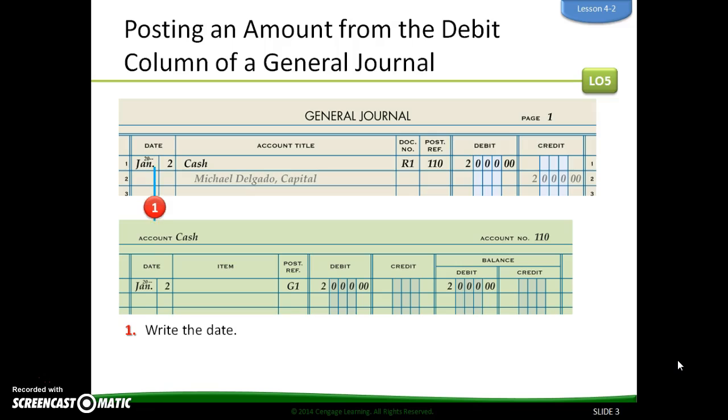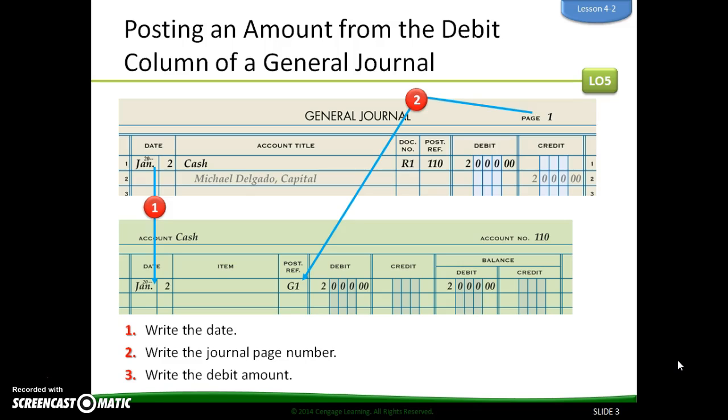So the first thing I'm going to do is go ahead and write the date. So I take the date from the journal and put it in the ledger. The next thing I do is write the page number. So it came from general journal page 1, G1. Then I go ahead and I write the debit amount. So you can see I debited $2,000.